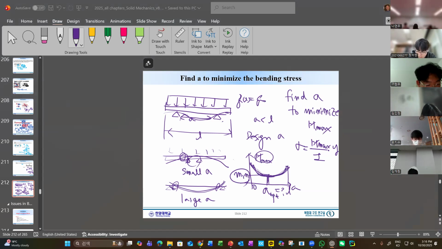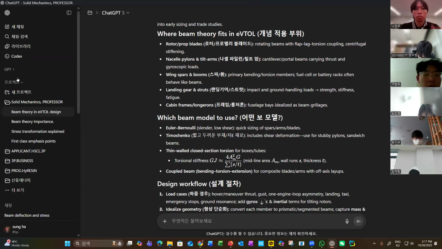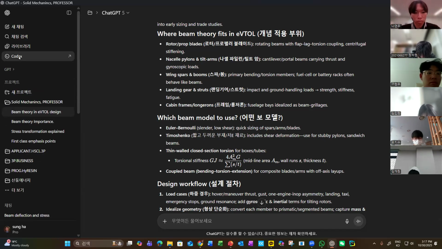Okay, we have ChatGPT. I know you know how to run ChatGPT, but there are a lot of different features of ChatGPT, like programming and all different types of features.